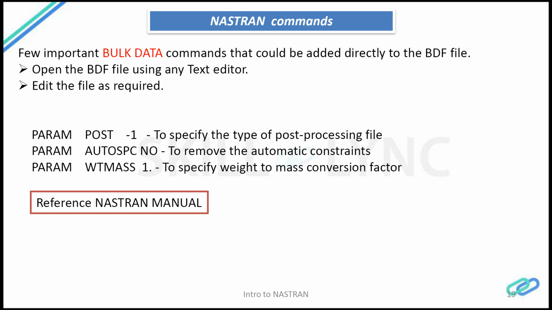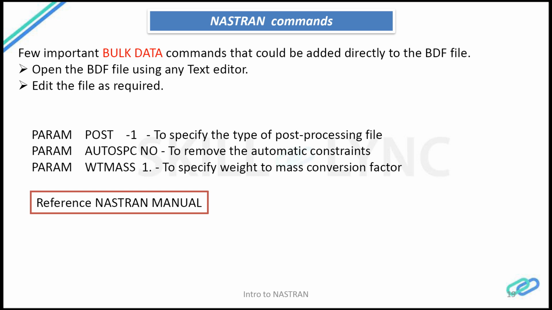Similarly, in a bulk data section, you can see the complete model. Obviously, it is the grids, quads, triads, and everything. Apart from that, you will also see the PARAM commands, which play a specific role.